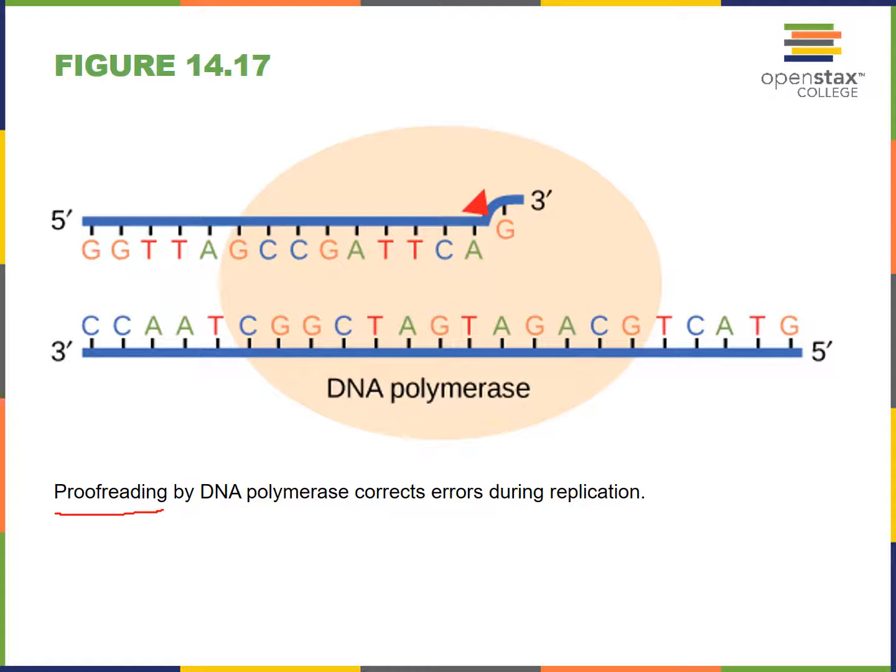And basically it's looking for mismatches where the hydrogen bonding doesn't occur. So here's a mismatch. You have G opposite an A, where there should be a T opposite of A. So DNA polymerase will just take out the G, add a T, and move on. And that process is known as proofreading. And it just corrects errors that are happening while replication is happening.